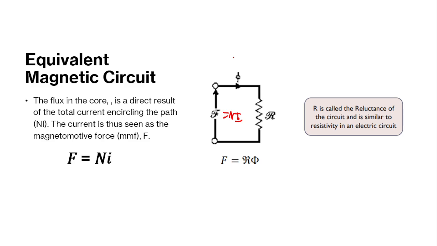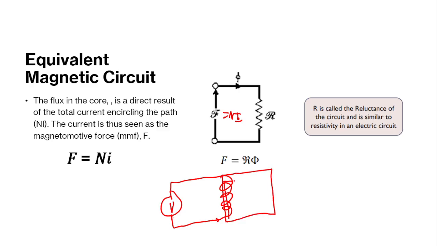But based on this, is the electric circuit or the electric component and the magnetic component, right? Remember, they are two separate circuits. So remember, you have a voltage, and you basically have a coil, and in the coil you have a core. When you have a current from the voltage, you will get a magnetic field, right?